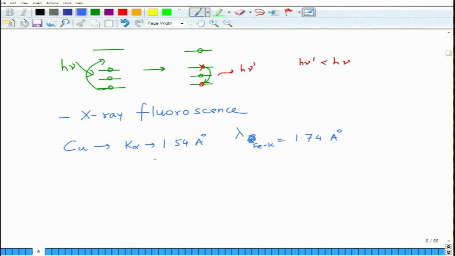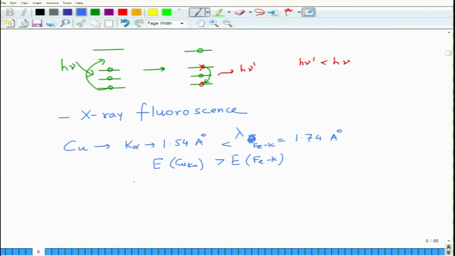So which means the energy of Cu K alpha is higher than the energy of the Fe K edge, because this lambda is lower. Which means when you bombard iron with copper, copper has the capacity to excite the K electrons in the iron, which means it will create a lot of secondary X-rays. So this is secondary X-ray, right?